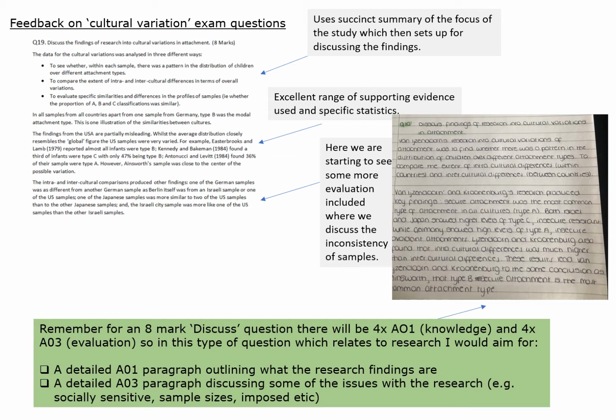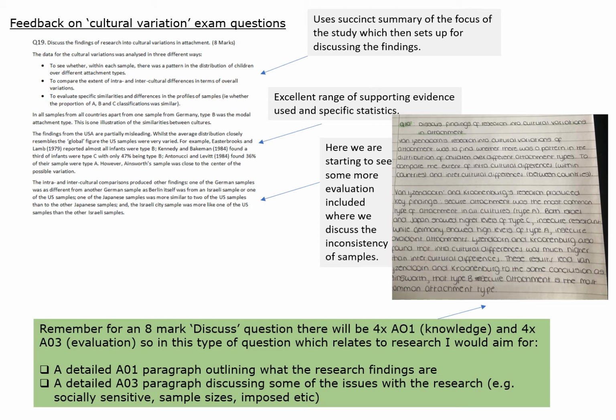A number of you emailed through asking, how would I structure an 8-mark question? We've done 8-mark questions before, but not really focused around a particular piece of research. So at the bottom of your screen you can see I'm suggesting that with an 8-mark question, as soon as we see that word discuss, we know we've got marks for knowledge and marks for evaluation, and it will be an even split.